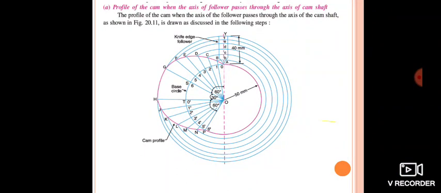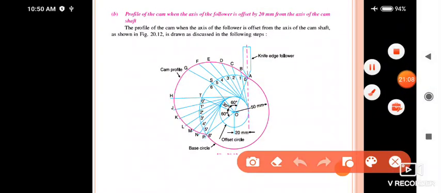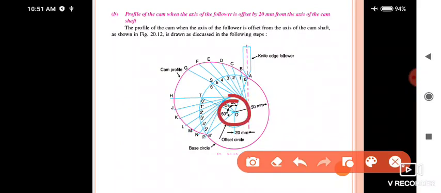Then second bit: the profile of the cam when the axis of the follower is offset by 20 mm. That means from the base circle center, the follower axis should be 20 mm apart, that is called the offset.